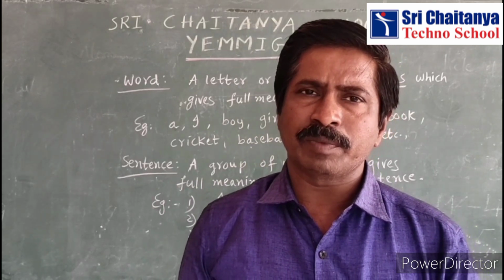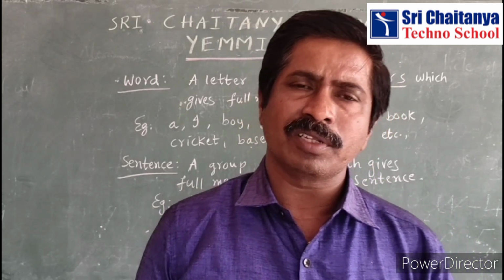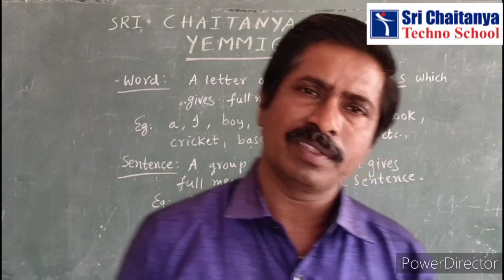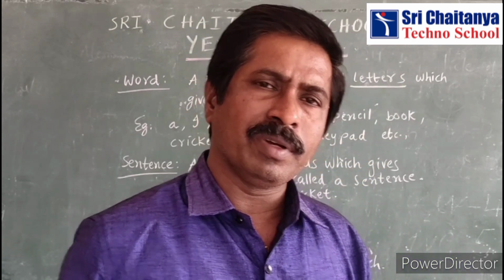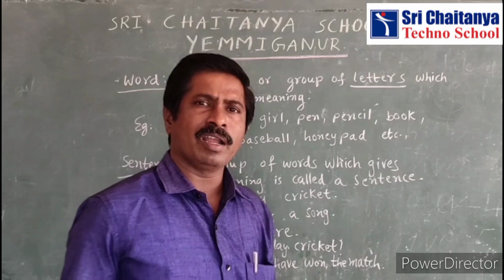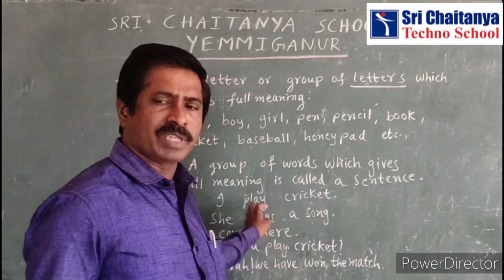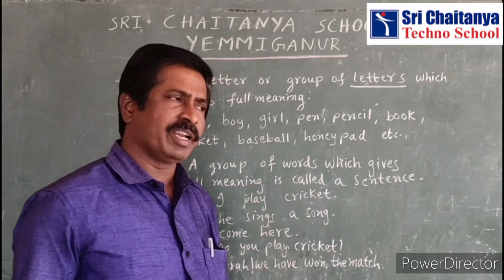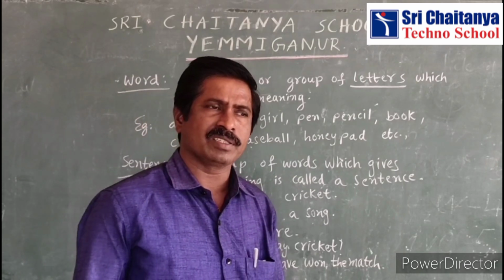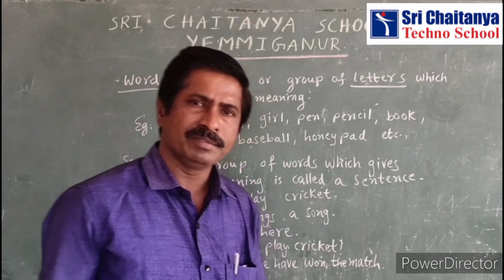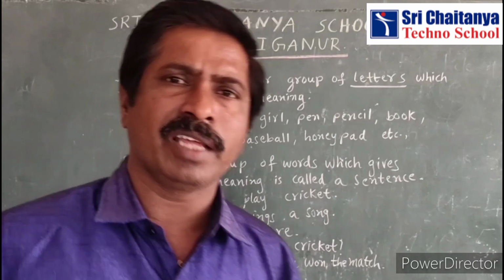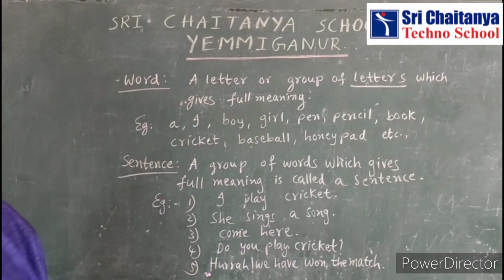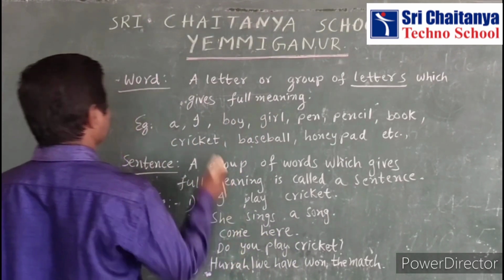Likewise, based on expressions, sentences are also divided into four kinds. In your next step, let us learn all about kinds of sentences. Can anybody recall how many kinds of sentences there are? Basically, there are four kinds.